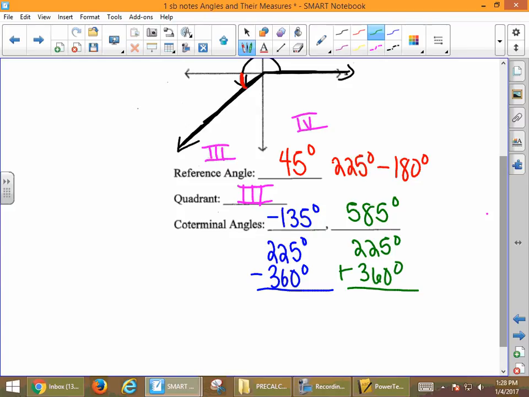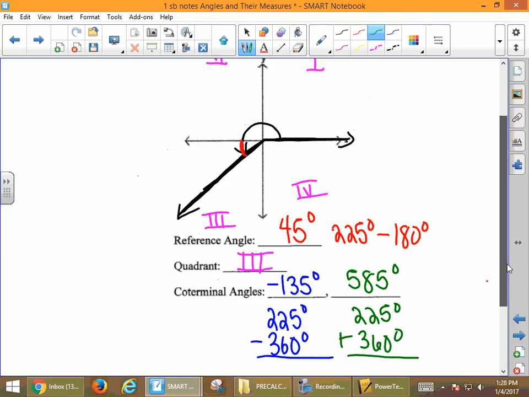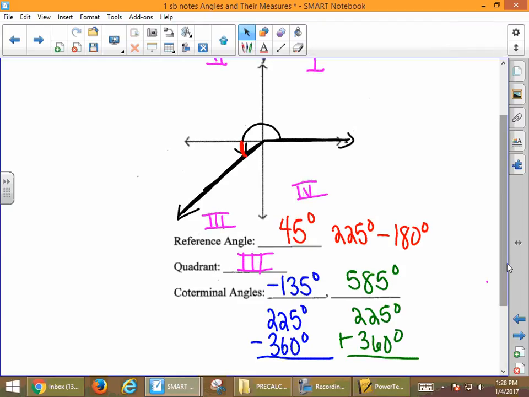I do want to just draw a picture here to remind us that if we're looking at coterminal angles, we start at the initial side, same place where the initial side is right now, but then we would measure from here to here. What's in blue in the picture, that would be negative 135 degrees.